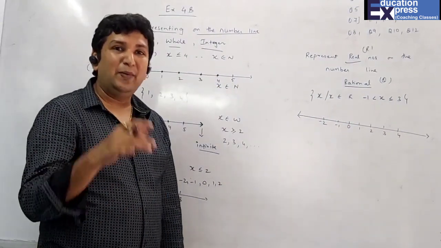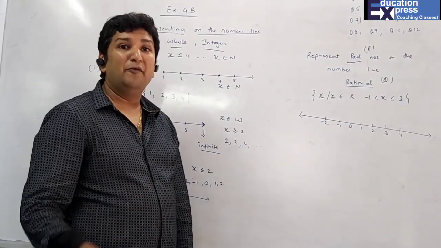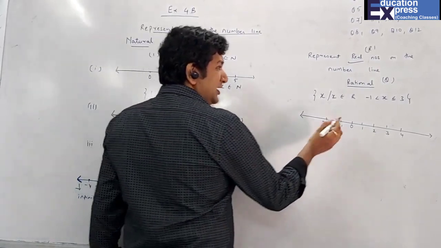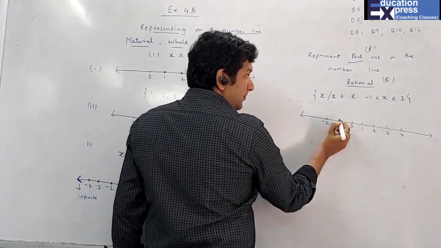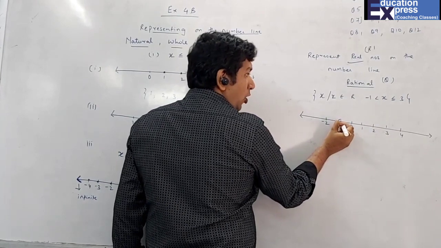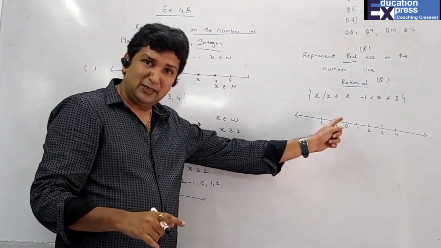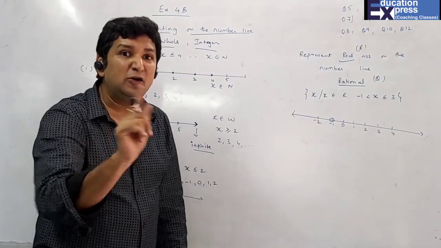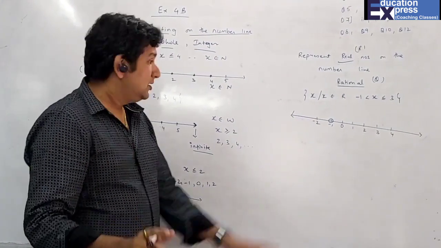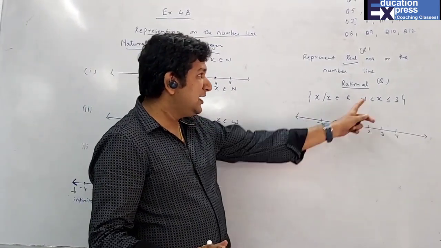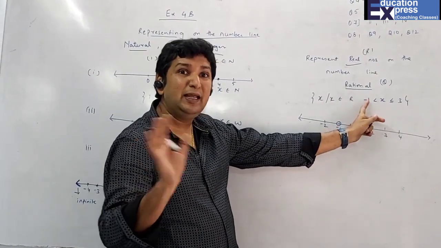So how do you represent numbers which are not included or don't have an equal to sign? We will just mark one hollow circle. A hollow circle represents that the numbers will start, but we will not include that number. It is just x more than, not equal.